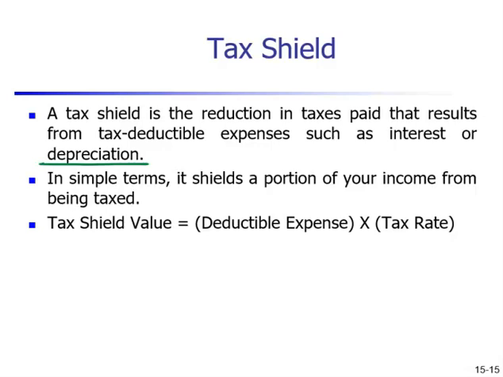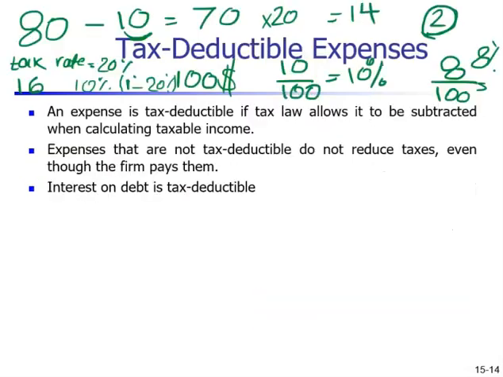That's it. So in the previous case, the deductible expense was $10 for interest and the tax rate was 20%. So the amount it saved us was $2. How did we calculate this in this example?